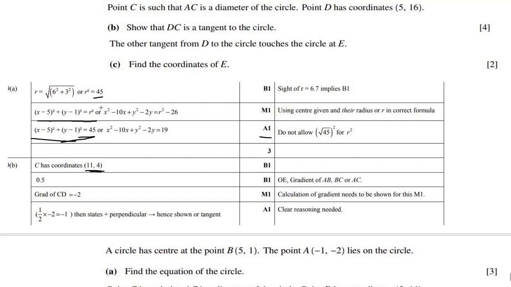There's not a method point for that. You just got to be able to do it. And then the slope is a half, so that means the other slope is negative 2. And then you get, again, like I said, it's got to be some kind of reasoning. It's perpendicular, it's tangent. I include the fact that they're clearly on the circle. That should take care of that.